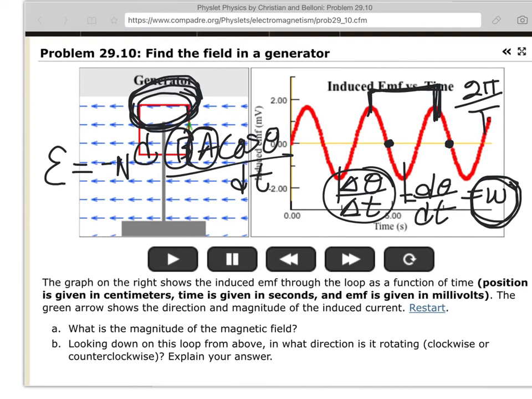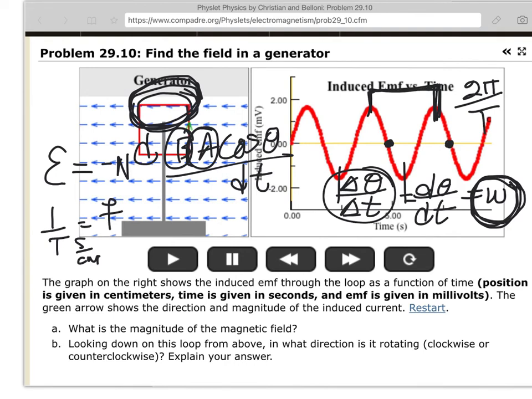And as we discussed previously, 1 over the period is the frequency. So don't get confused between the frequency, which is cycles per second, right? The period is seconds per cycle, and the frequency is cycles per second. We discussed that earlier. Whereas the angular frequency is radians per second.